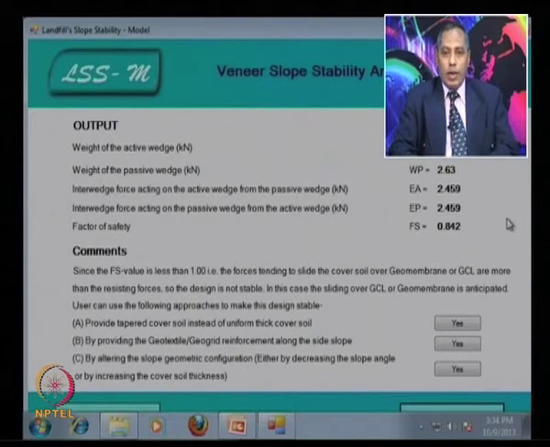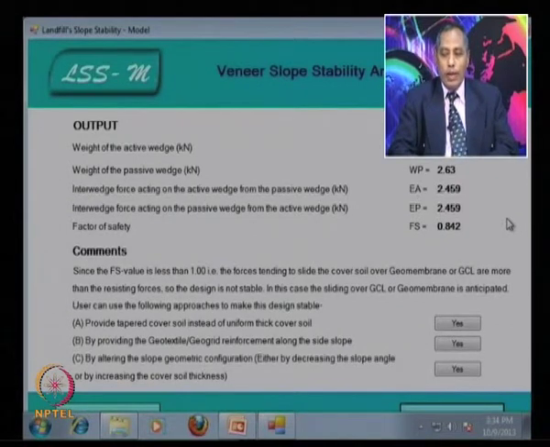I have shown you that earlier in my course presentation, but here I am just showing how to make use of this software. Now, because this factor of safety is less than 1, you have to adopt some remedial measures. A. You can provide the tapered cover soil instead of uniform thick cover soil.